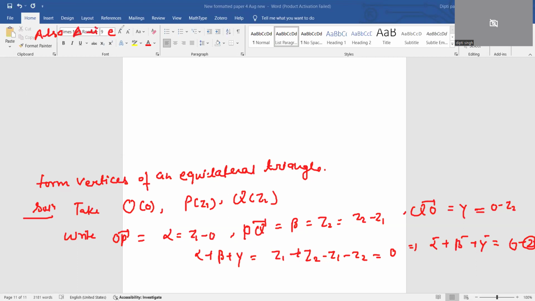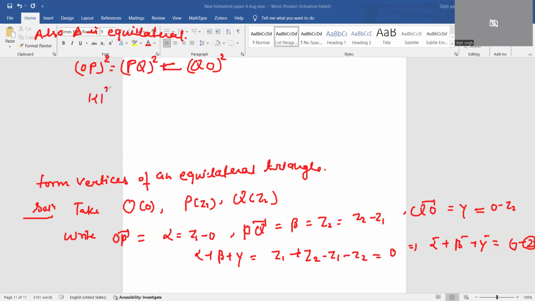OP whole square will be PQ whole square equals QO whole square.